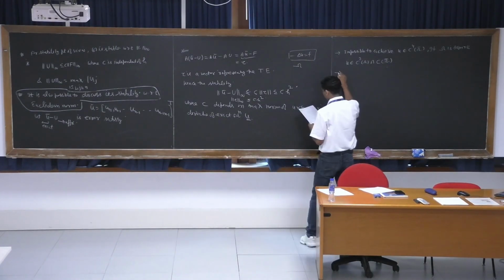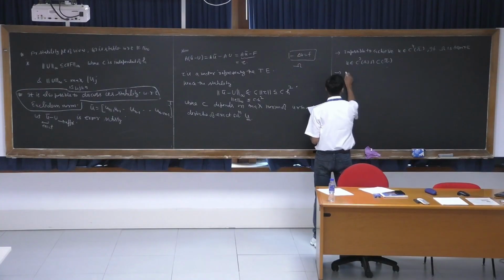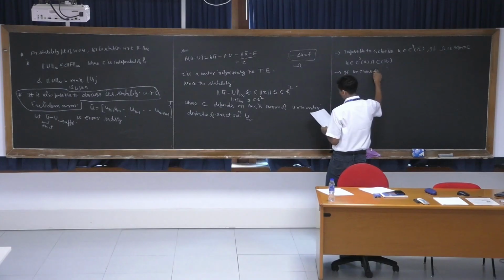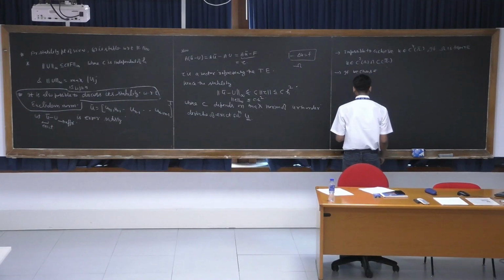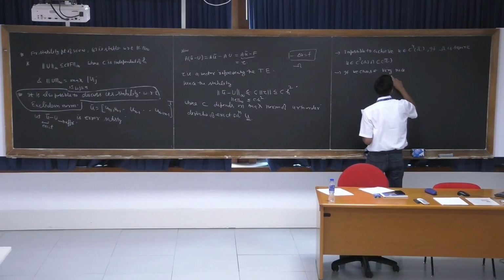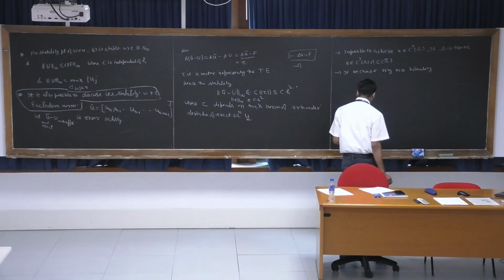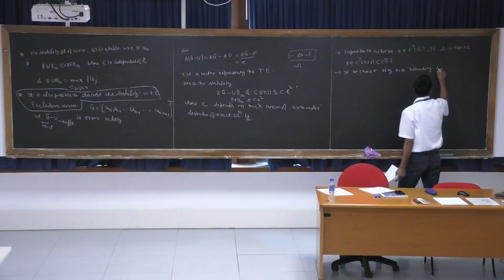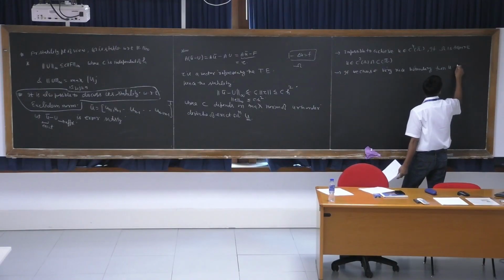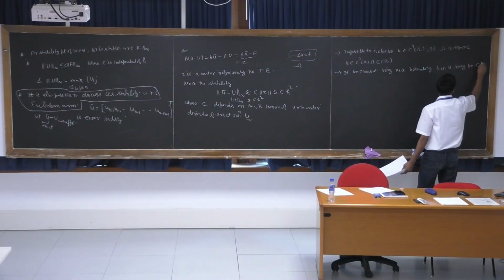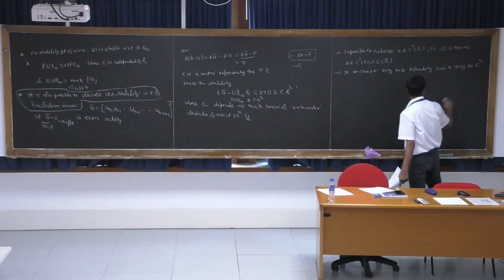The second point is that if we choose a very nice boundary, then u may be C4.